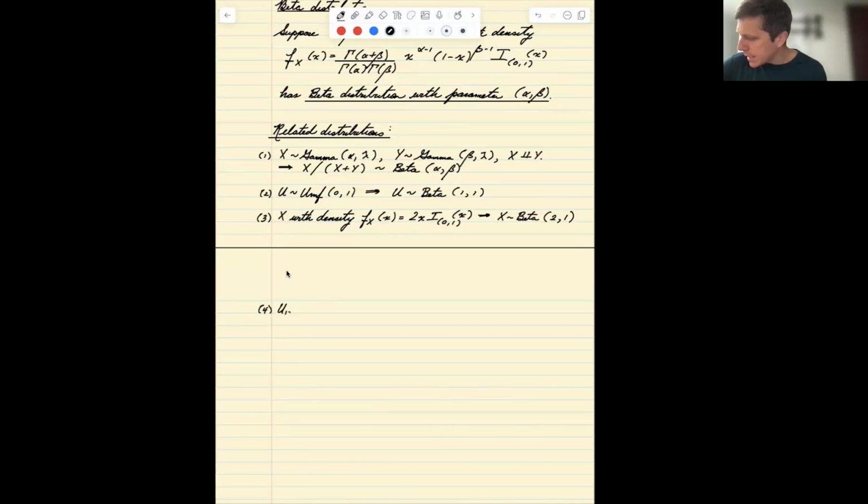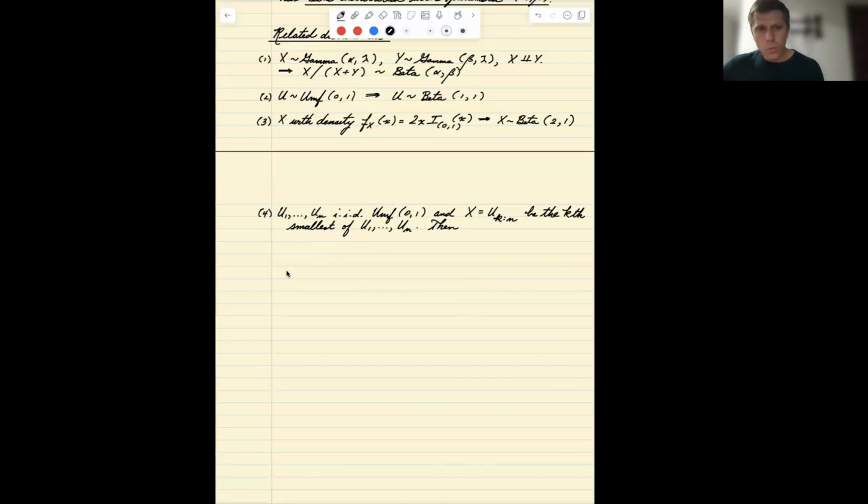If we have n IID uniform(0, 1)s, and we let X be the kth smallest of U1 up through Un, then what is the probability that the kth smallest is exactly x?